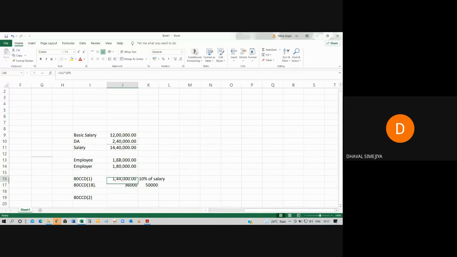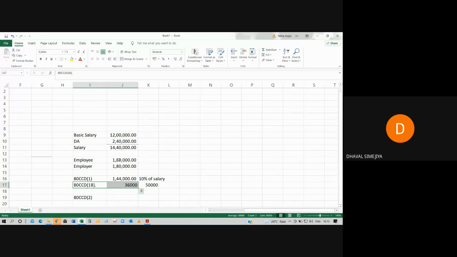So the maximum limit is 1,50,000, we know, but the specific limit of section 80CCD subsection 1 is 10% of salary. So 1,44,000 is available only. So what about 36,000? We can get extra benefit under section 80CCD subsection 1B, that is 36,000 rupees.